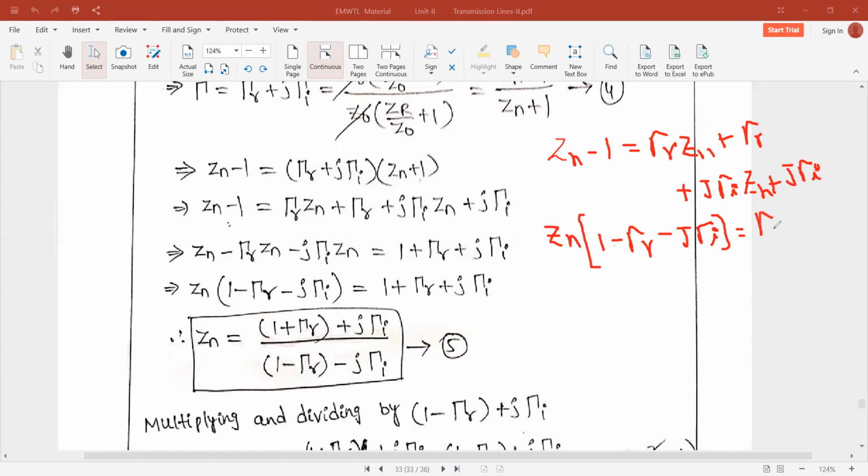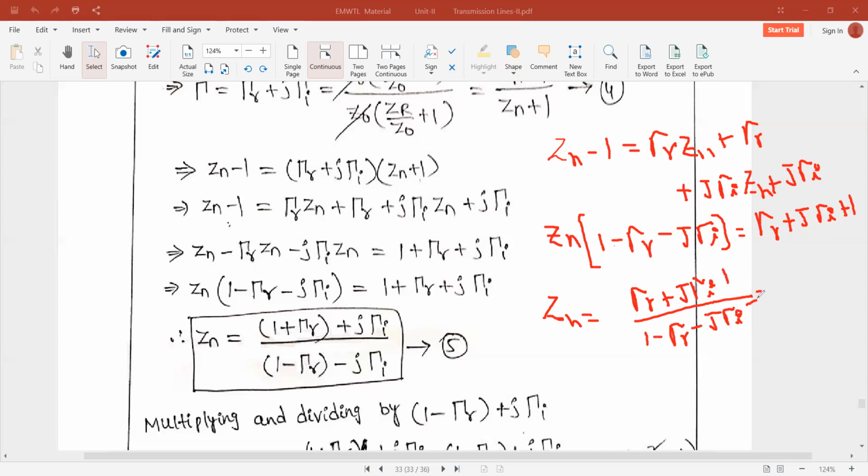Gamma r plus j into gamma I, and here the minus 1 you can get on the right hand side, it will be plus 1. So the normalized impedance Zn, that is Zr by Z0, is equal to gamma r plus j into gamma I plus 1 whole divided by 1 minus gamma r minus j into gamma I.